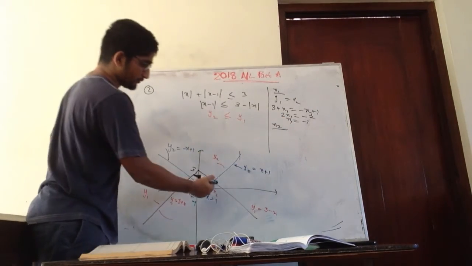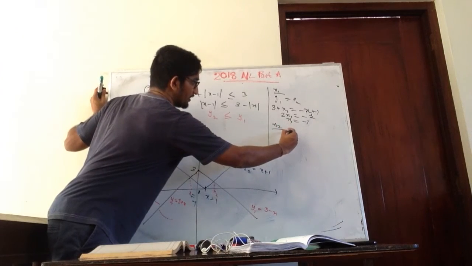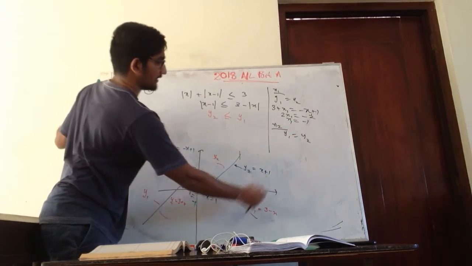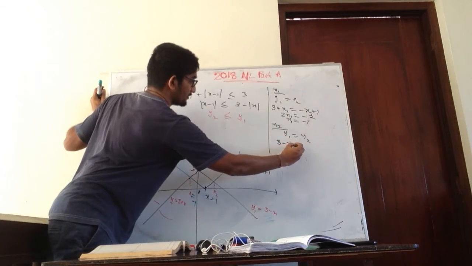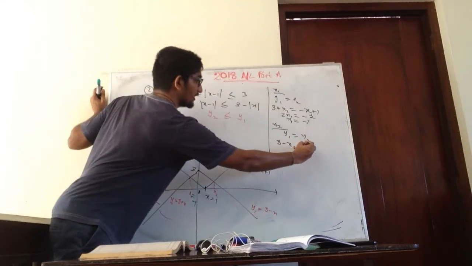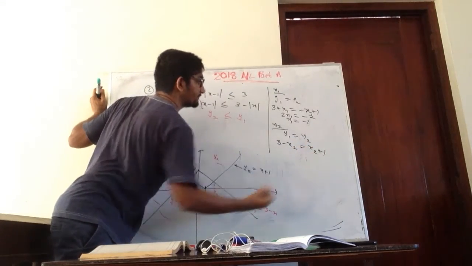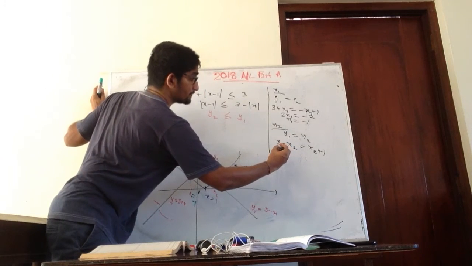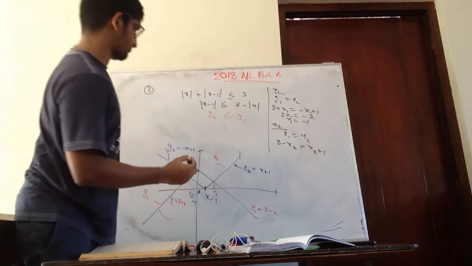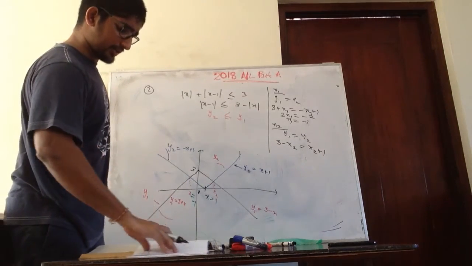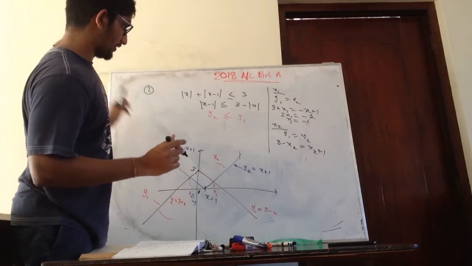In x2 as well, y1 is equal to y2. So the y1 value is 3 minus x2. The y2 value is x2 plus 1. So what I'm going to do here is, I think I've done something wrong.